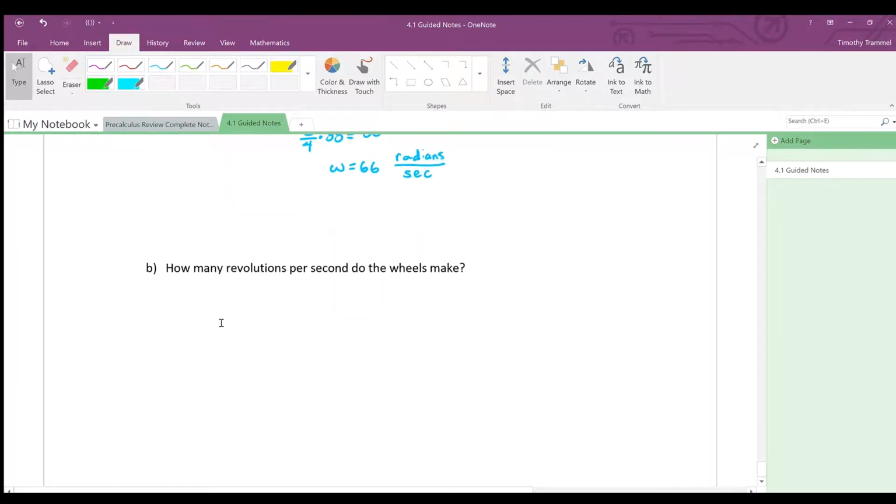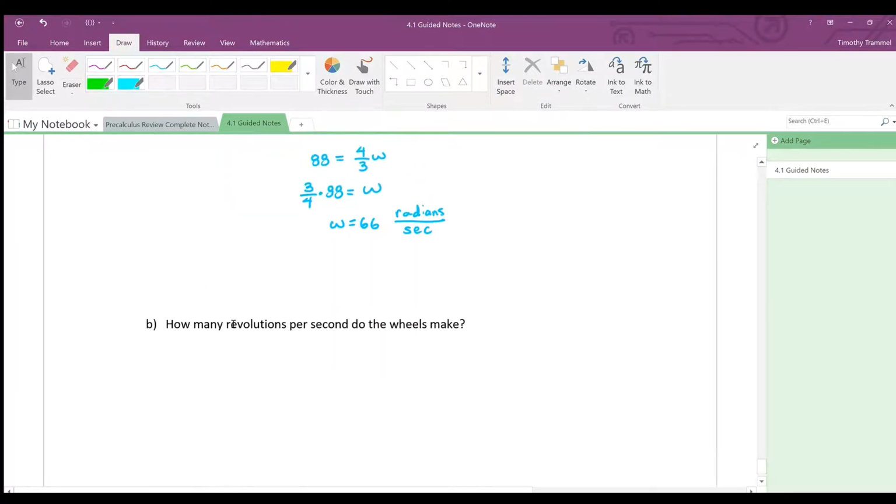Let's give part B a try now. How many revolutions per second do the wheels make? So we know how many radians per second they're doing, and we know how to go between radians and revolutions. So let's just try and convert our answer up there of 66 radians per second to revolutions per second.